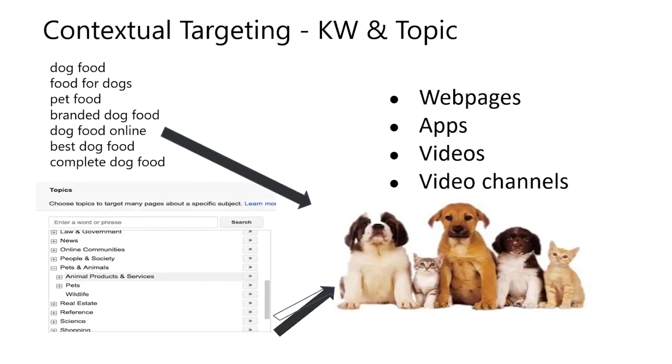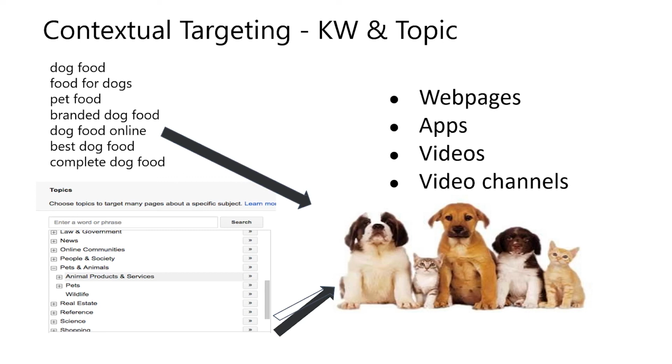So just to give you an example of contextual targeting, which is keyword or topic based targeting, let's say you are wanting to buy pet food or dog food online, right? And you might search for keywords such as dog food, food for dogs, branded dog food online, and so on.